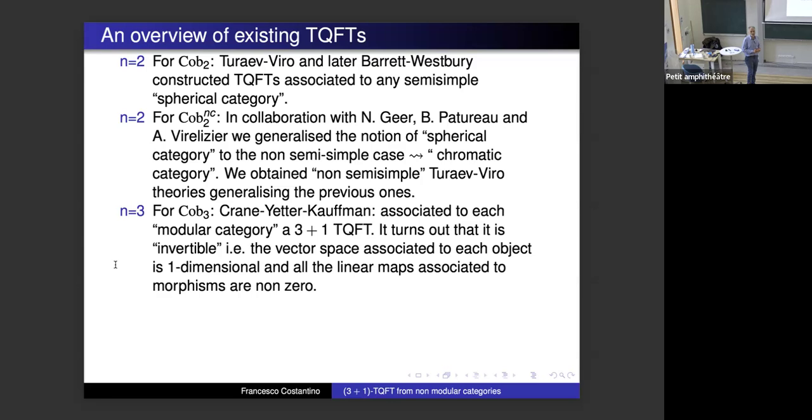This chromatic thing is the existence of a certain generator with a certain morphism, which I will describe later, which can be applied to just a pivotal category. In that case, we call it spherical, not semi-simple, or it can be applied to a ribbon category, and in that case we have a ribbon chromatic category.